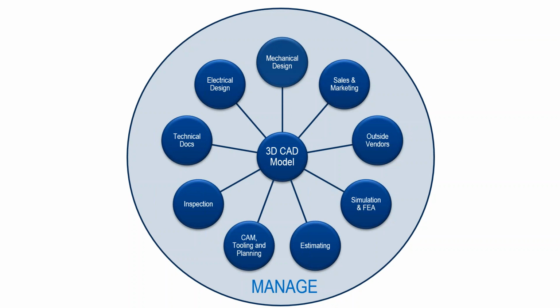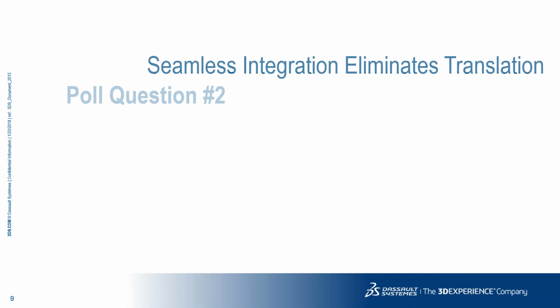You have outside vendors who may be using other tools. And then, of course, you have sales and marketing, looking for great images and animations they can put on the website and show their customers. All this information you really want tied to the 3D model, because if that model changes, everybody gets that update.